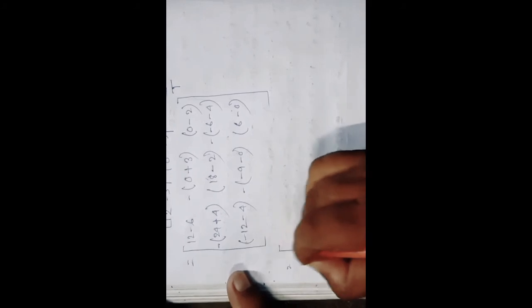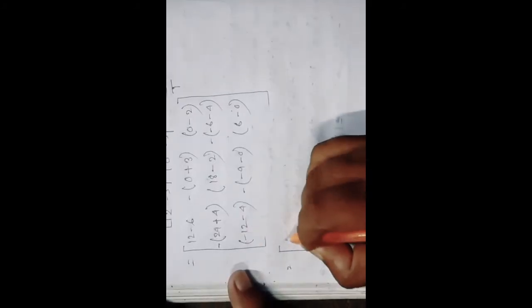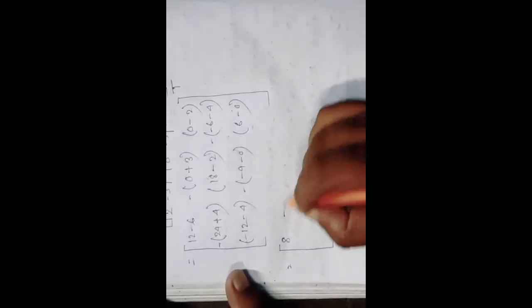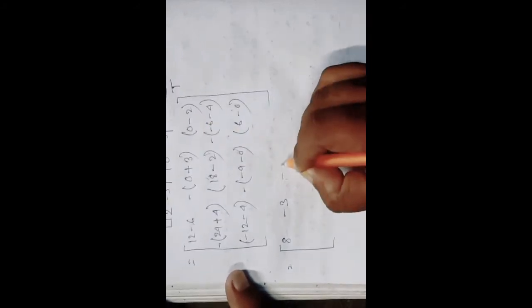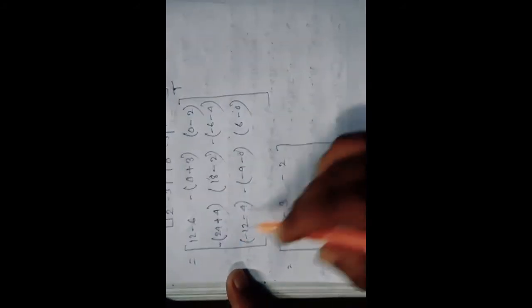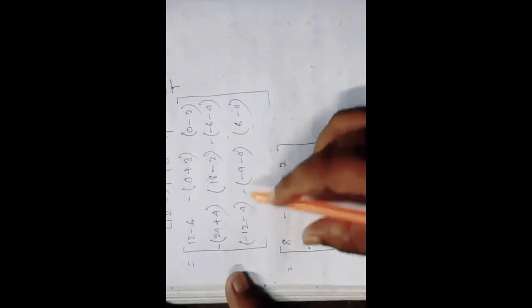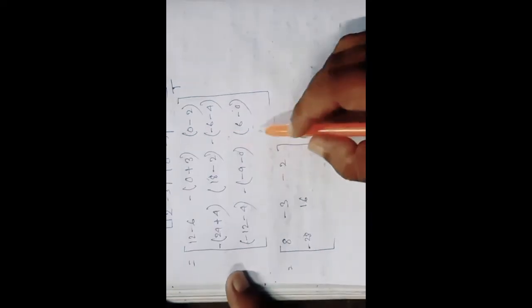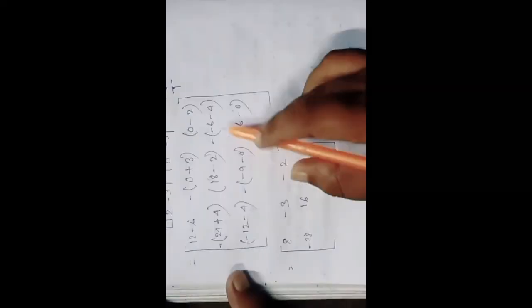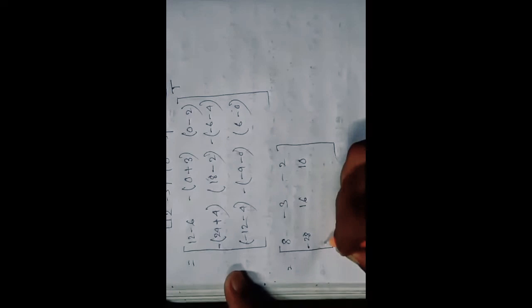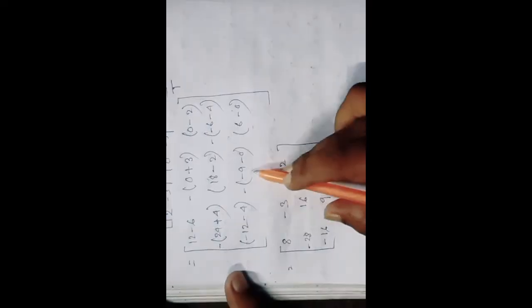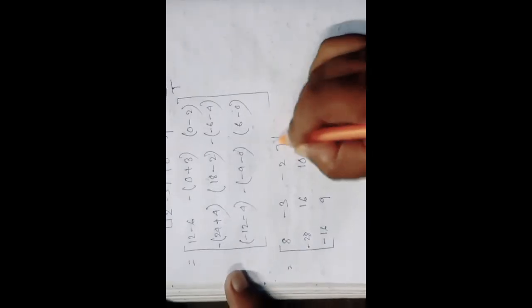Now here this can be written as 8, this is minus 3, minus 2, this can be written as minus 28. Obviously this is 16, plus 10, minus 16, 9, 6, and its transpose.